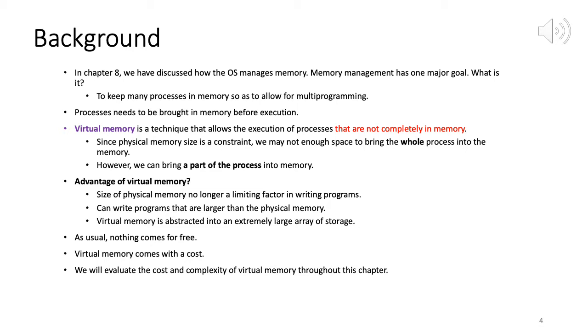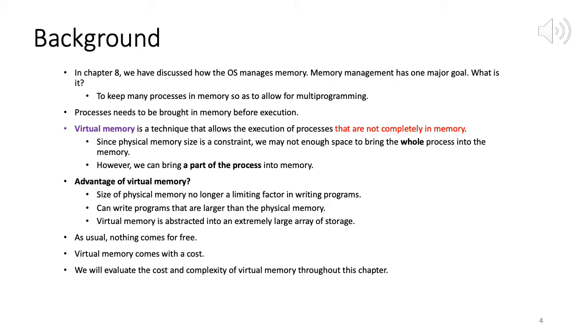If I was not allowed to bring a part of a process, if I had to bring the whole process, and my program size or my memory requirements were 2 or 3 GB, it would have been difficult and even impossible. But now that I can bring a part of a process in memory, that memory restriction is gone in my head, and now I can even create programs which have larger physical memory footprints.